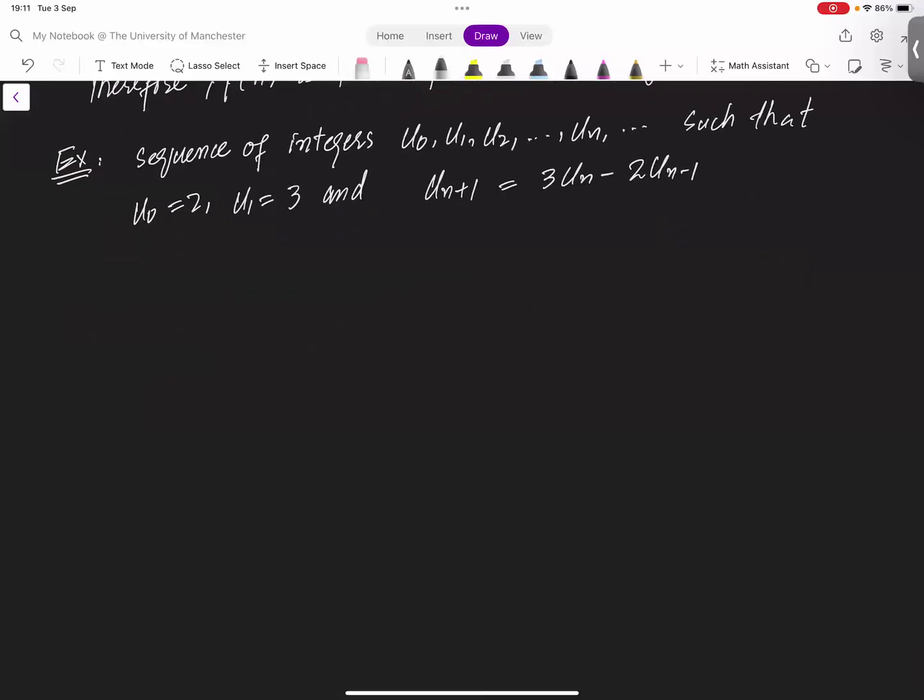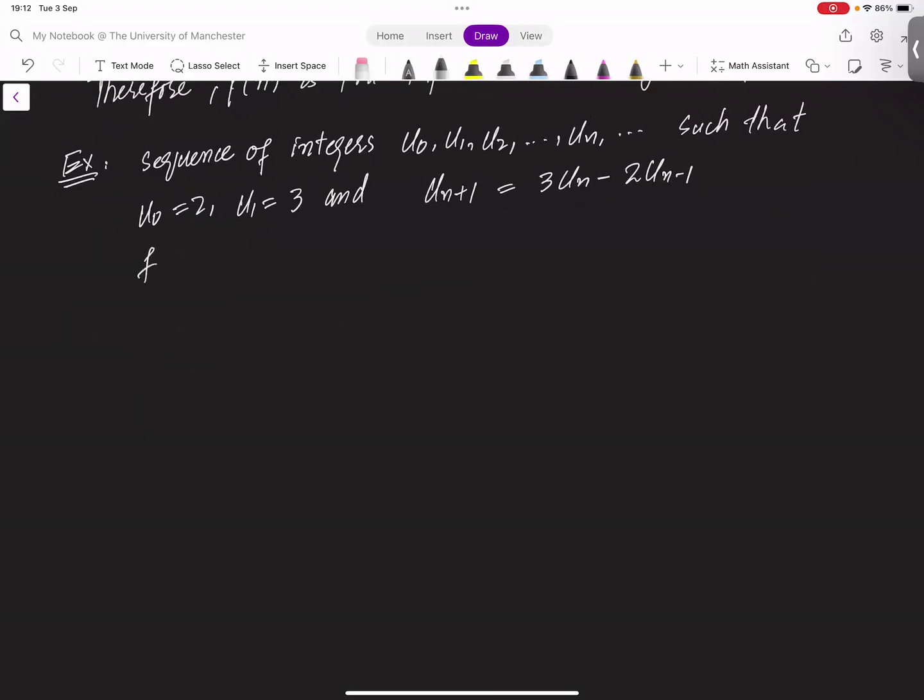So we have a sequence of integers u0, u1, u2, un, and so on, such that the first term and the second term are 2 and 3. And we can write the (n+1)th term of this sequence as 3un minus 2 into un minus 1, for all n greater than or equal to 1.